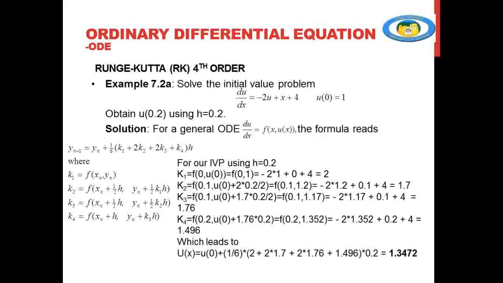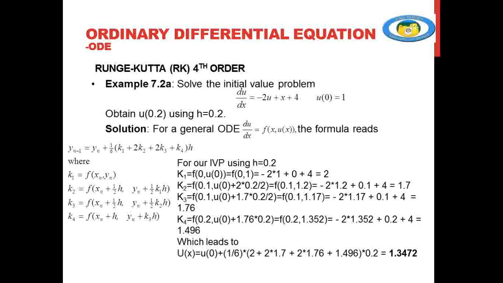Now let's find k3. That is the slope or the derivative at xn plus half h and yn plus half k2h. K2 we have already obtained. So xn plus half h, we just know 0.1, which is 0 plus 1 over 2 times 0.2.